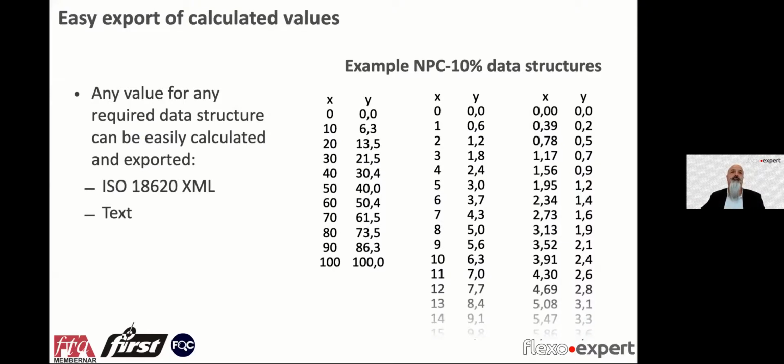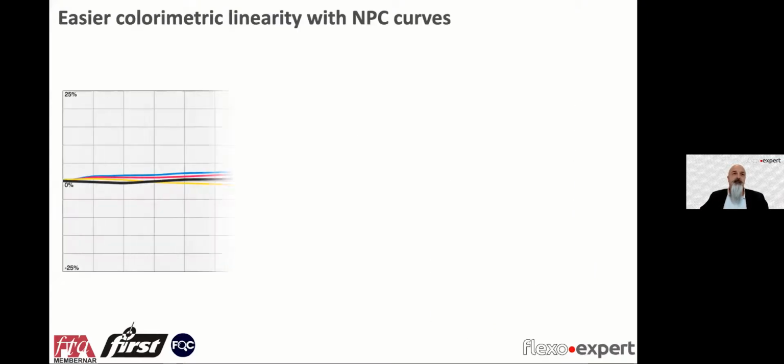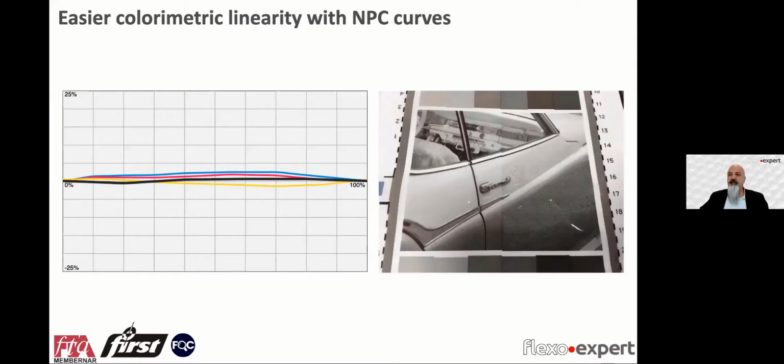The values described in the NPC curve can have any sequence, every 1%, every 256 steps, or whatever structure. It's text, so it can be exported and used in any RIP, okay? But there is something here that is very, very interesting, okay? Compensating with NPC curves brings the individual colors closer to their colorimetric linearity.